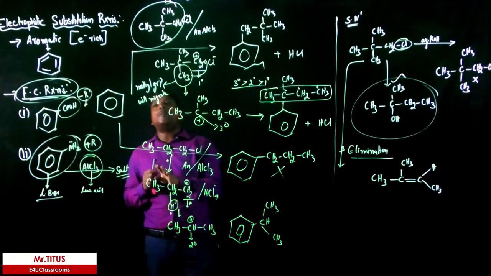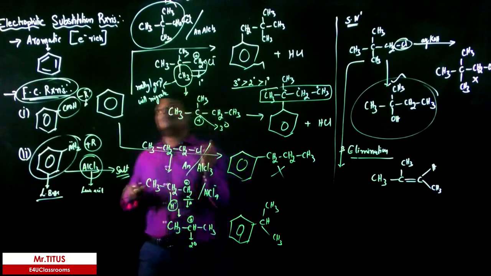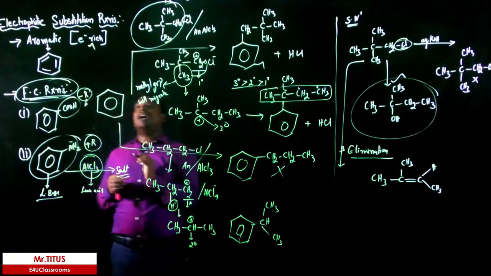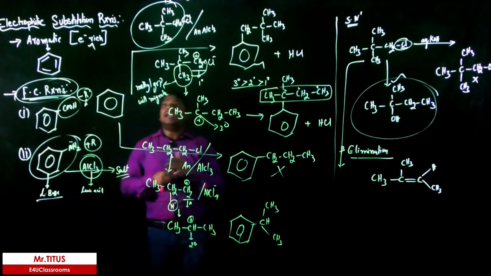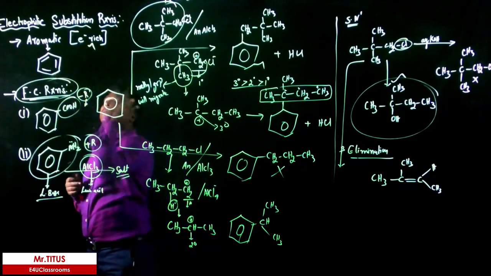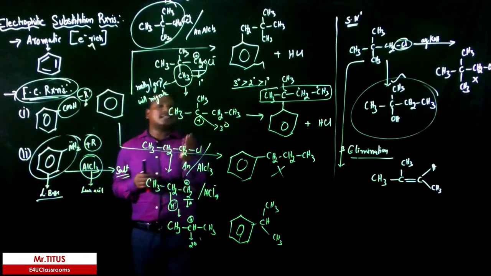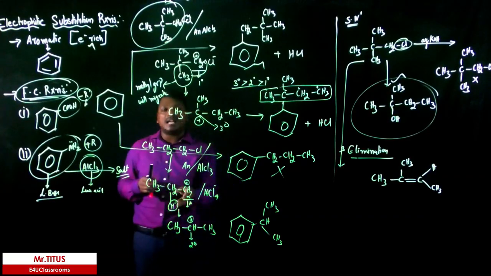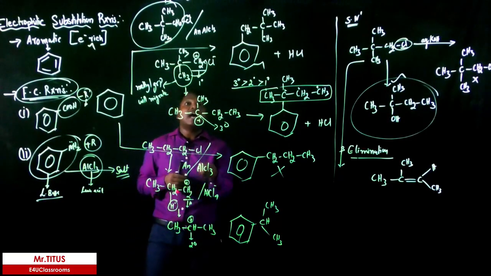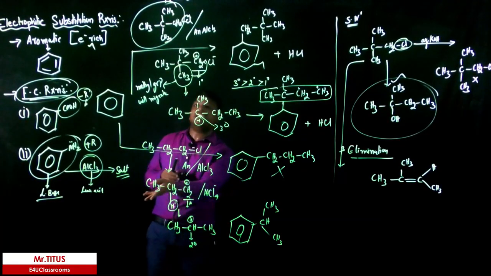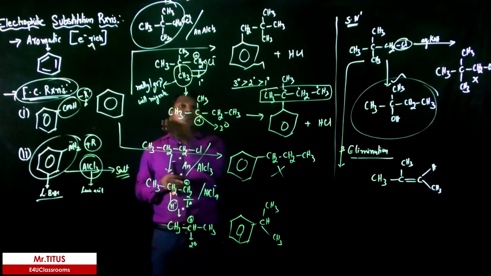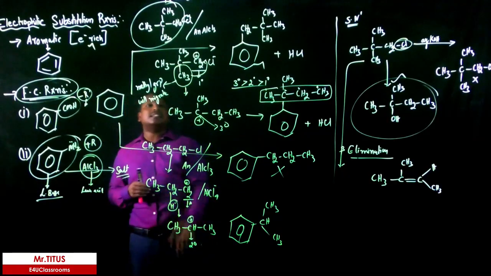I told you aromatic compounds will undergo electrophilic substitution reaction because they are electron rich. The famous example of aromatic substances I have taken is benzene, and I discussed examples like nitration, sulfonation, halogenation, specifically chlorination and bromination, and Friedel-Crafts alkylation and acylation reactions.